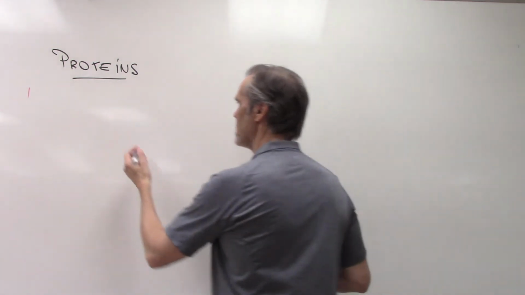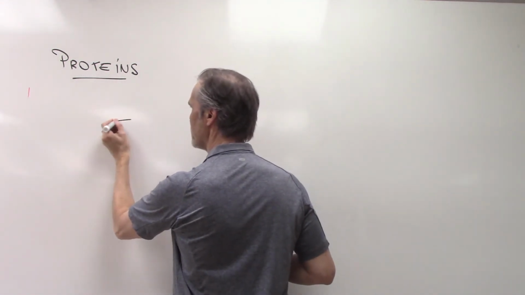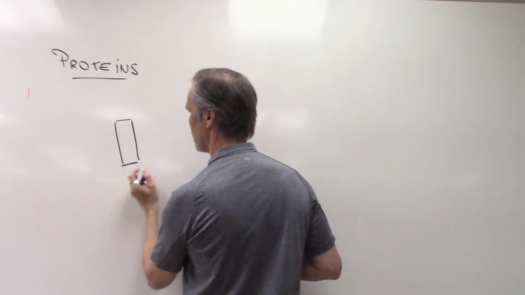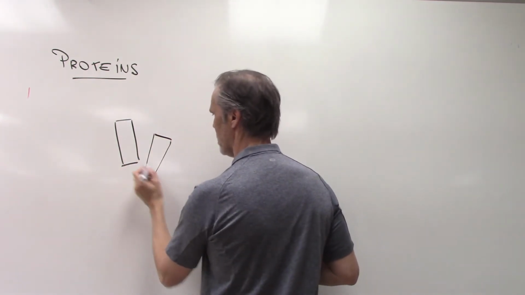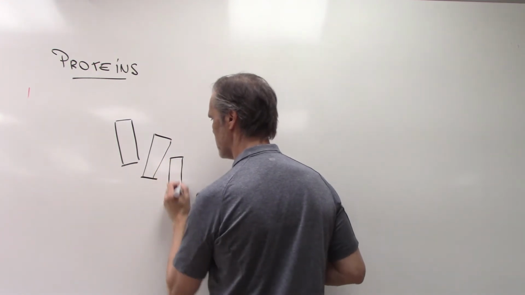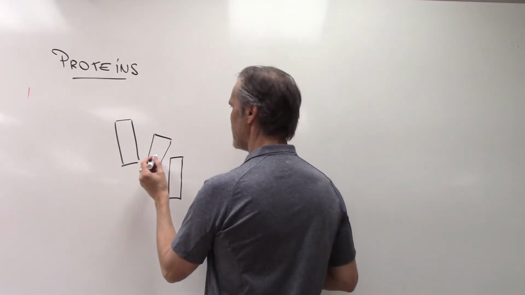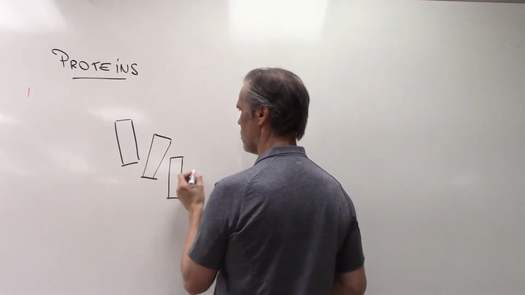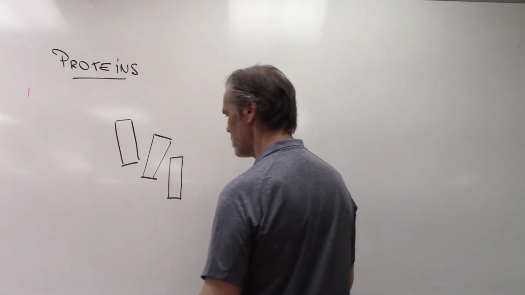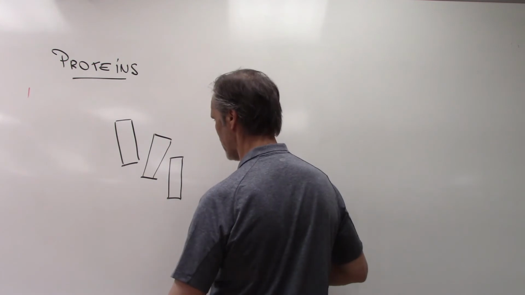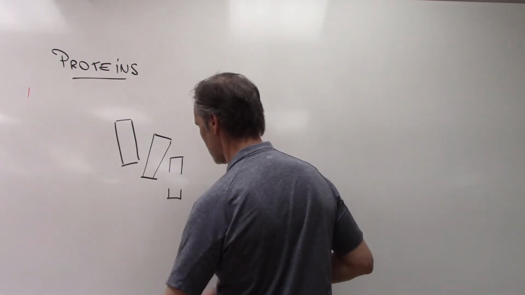So let's draw this. What I will have here is a bunch of alpha helix somewhere in my protein, right? And then behind that, or around it, I could have something like this. So let me just complicate things a tiny bit more.